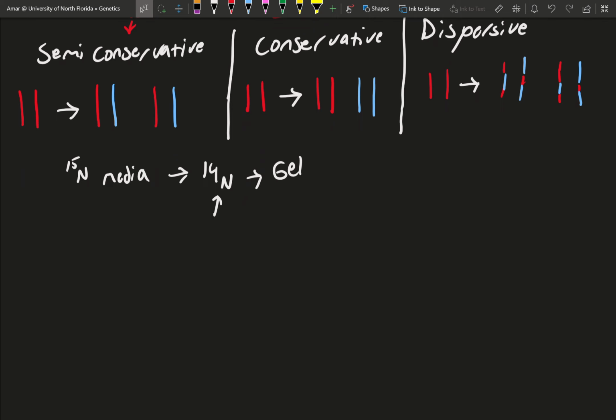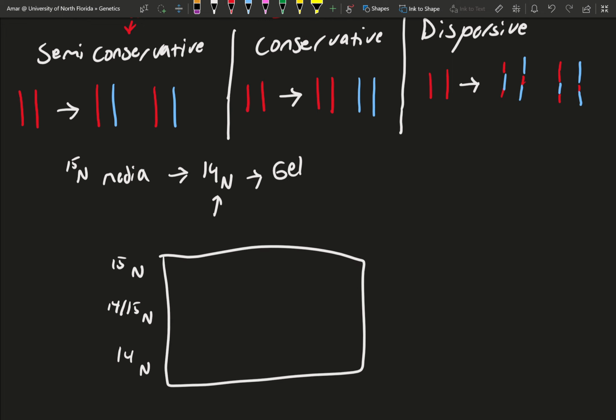So what you would have is a gel. You would have a situation like this, where you have your ladder, N14, N15 mix, and then your N14. Typically, this is referred to as the 0th generation or before.